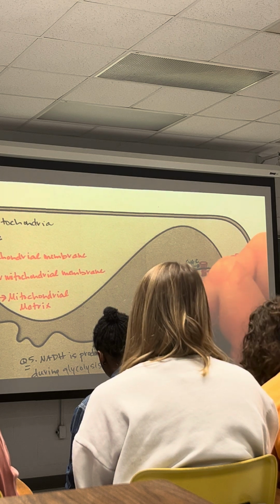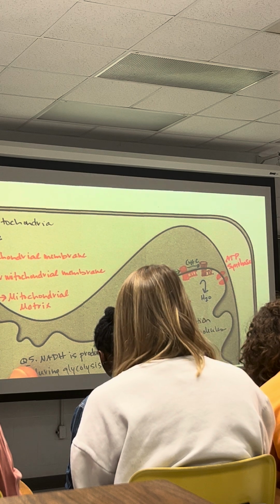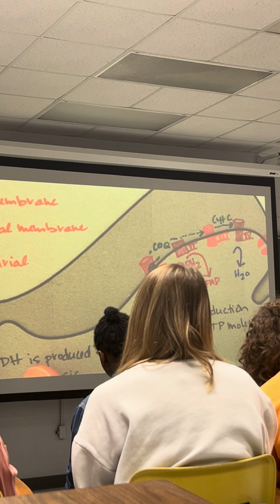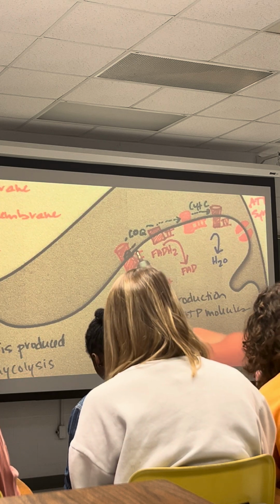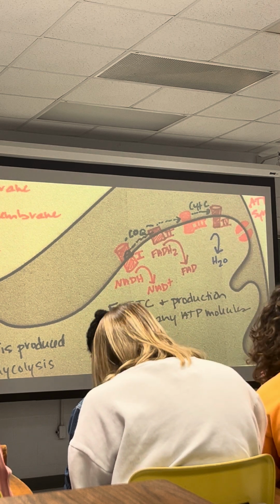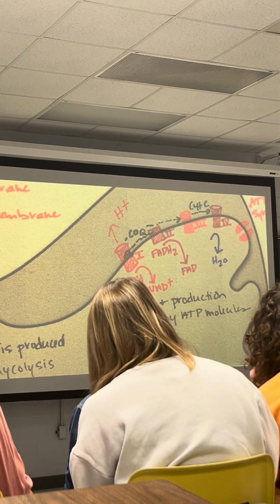Electrons are going to stay in our respiratory chain, the electron transport chain. We're going to see little e, negative, electron. This is going to bounce around through the chain. And it provides energy, which takes the hydrogen from here, and it pumps it into this inner mitochondrial membrane space.